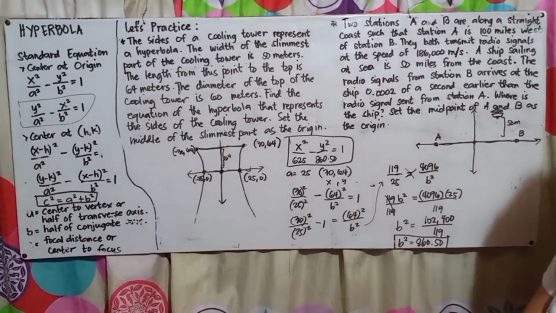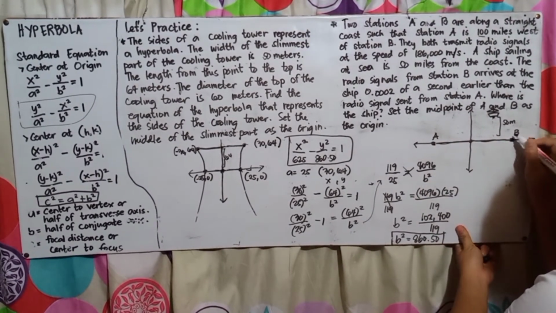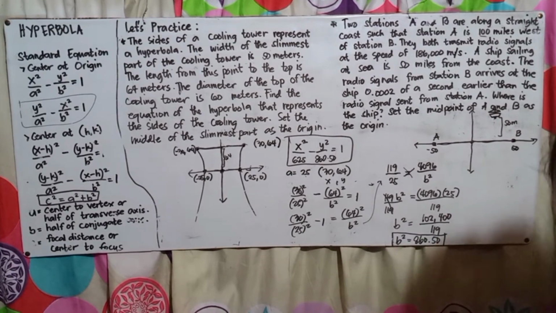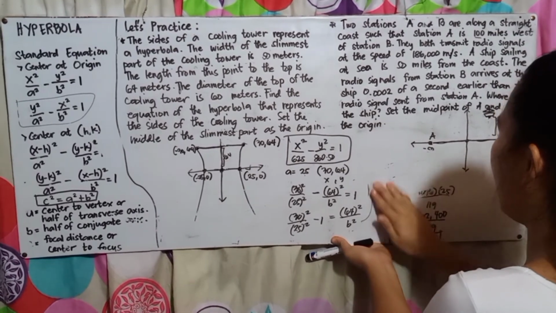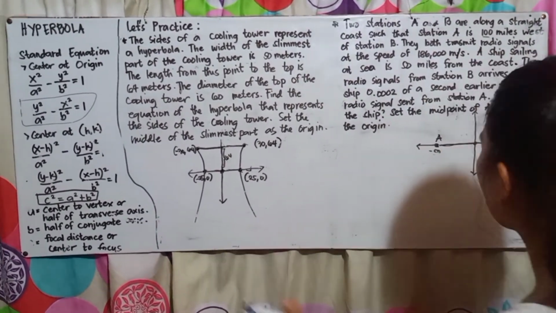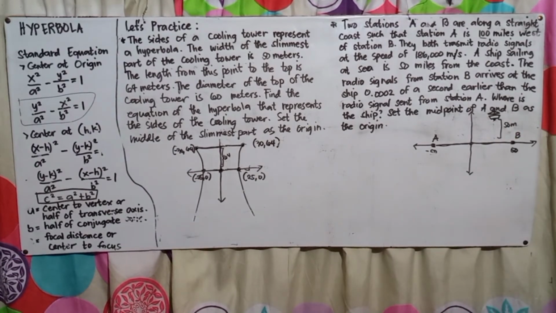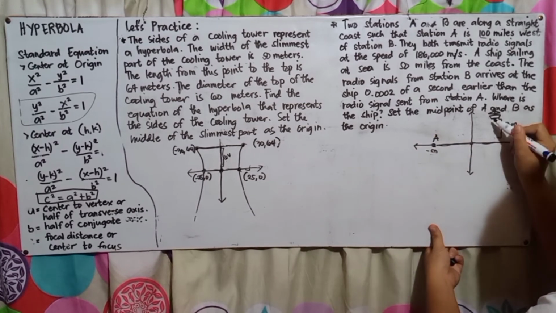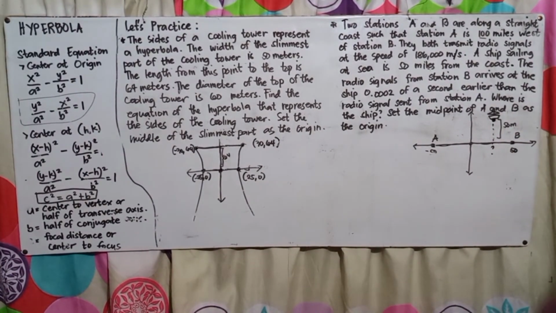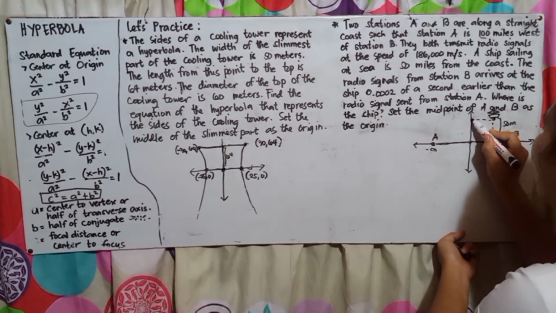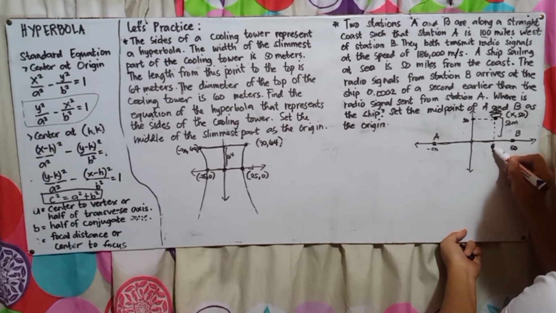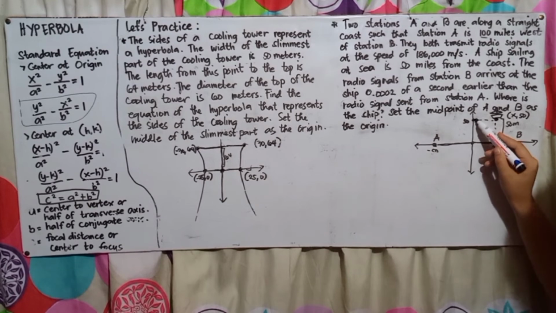Given the 100 miles distance from A to B, they are 50 and 50 from the center. So we erase the computation here. The ship is 50 from the coast. So the question is, where is the ship? What is the distance here? Since it is 50, the point of the ship is x, 50. We don't know the value of x, but the value here is 50.